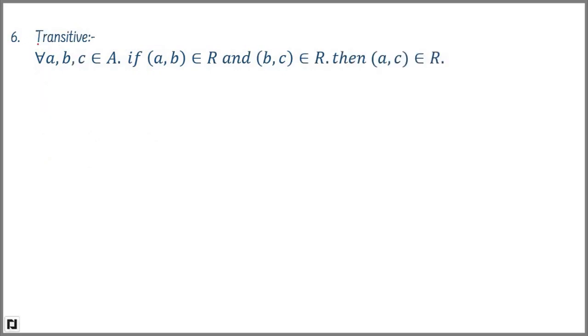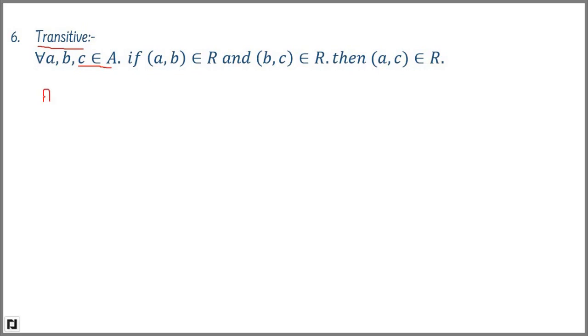So here we have our last property, which is known as the transitive property. For all a, b, c elements which belong to the set A, if the pair (a, b) belongs to the relation and the pair (b, c) belongs to the relation, then the pair (a, c) should also belong to the relation. Let's take an example for this.